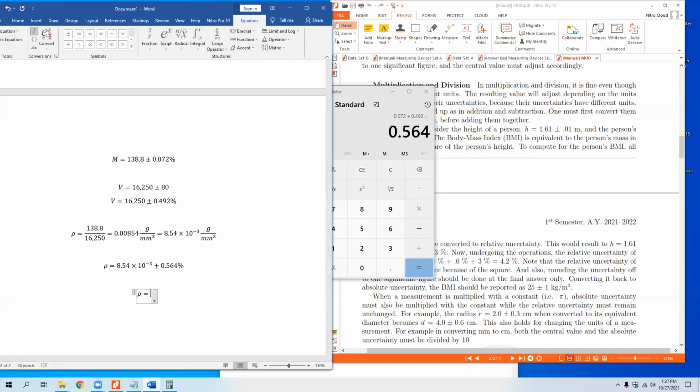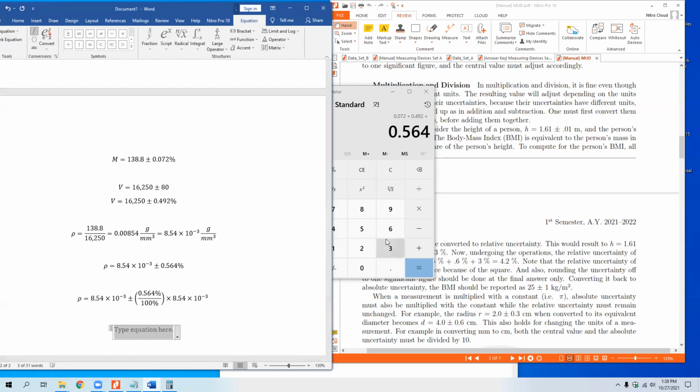So the last step is converting this to an absolute uncertainty. This is 0.564% of your central value.